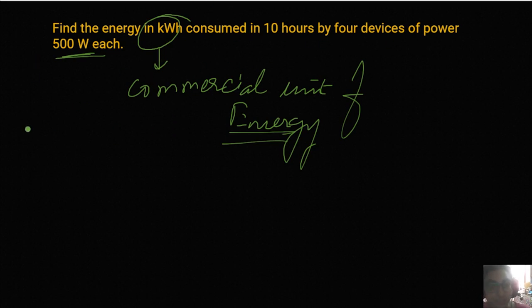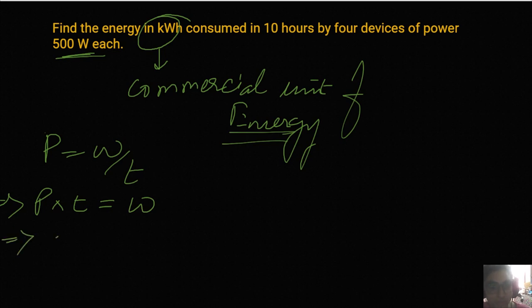What was it basically? It was a unit which we had found out using this formula where we said that power into time equals work done or energy. So here the energy consumed or the work done, whatever you feel comfortable with.